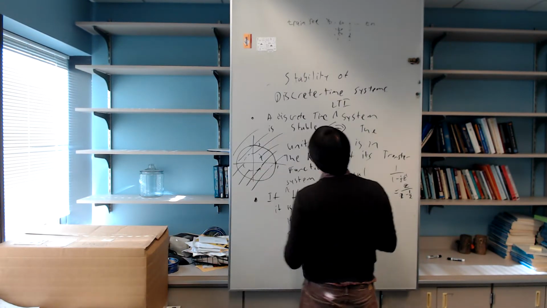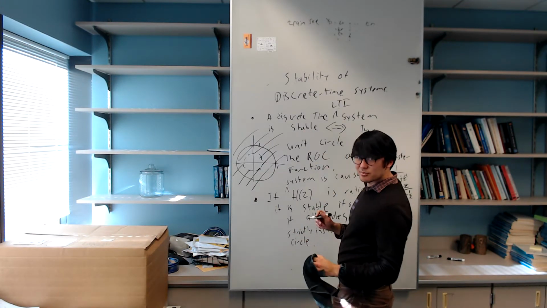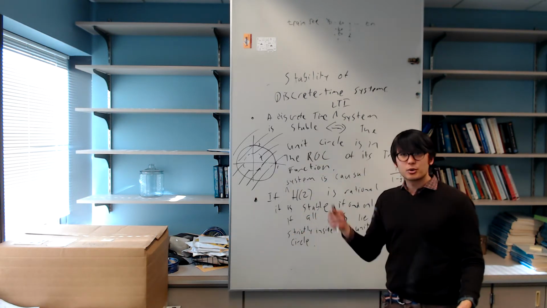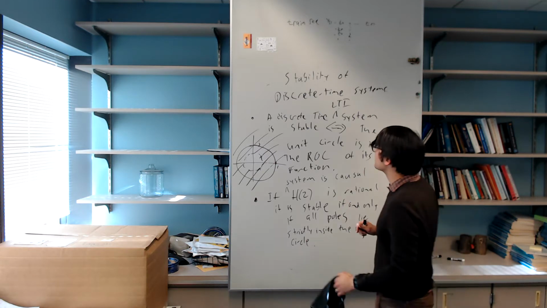All right, so I kind of jumped the gun there a little bit, but that's okay. Stable: the basic idea is you put in any bounded input, you get a bounded output.